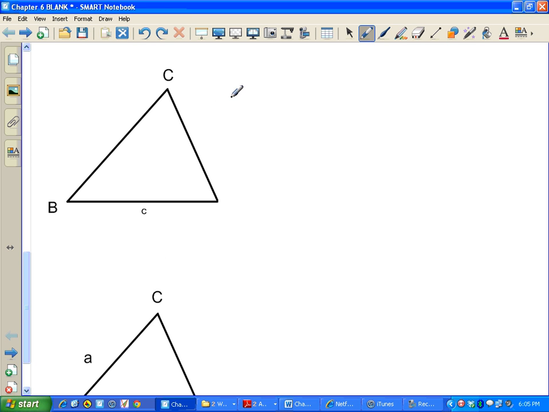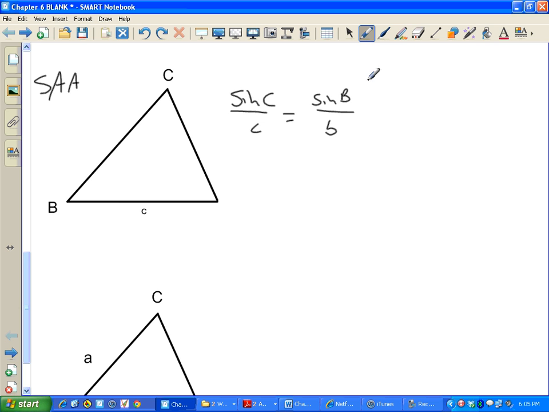How about this one? I can do the sine of C over C, and that should equal the sine of B over B. If I'm given two angles and a side, so angle, angle, side, or side, angle, angle, that works, because if I'm given C and angle C, I can set up a ratio.